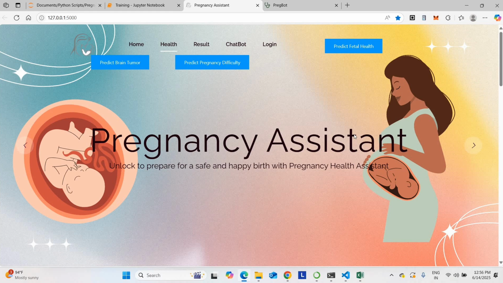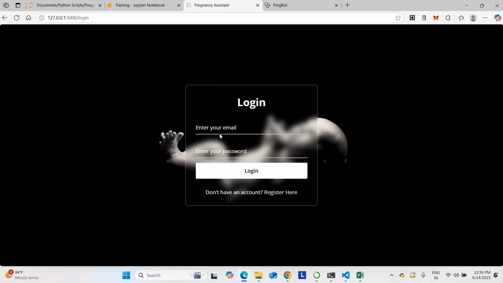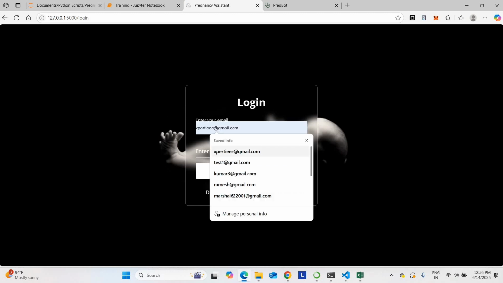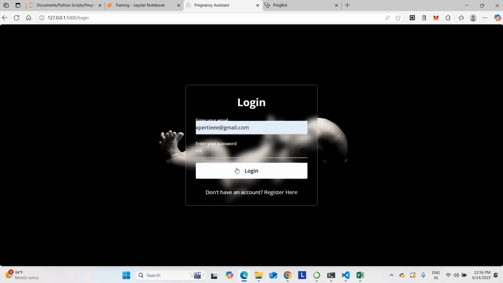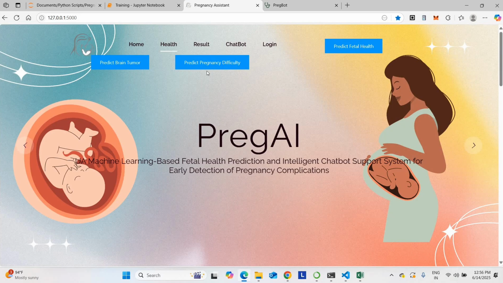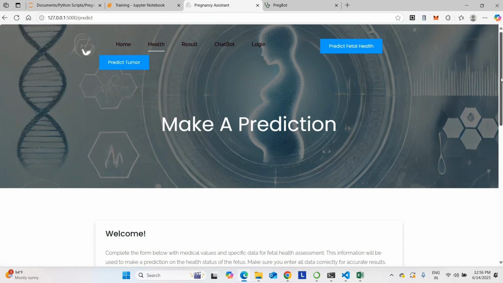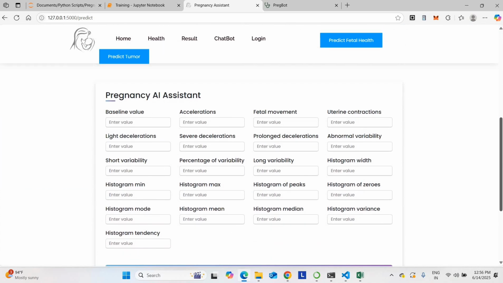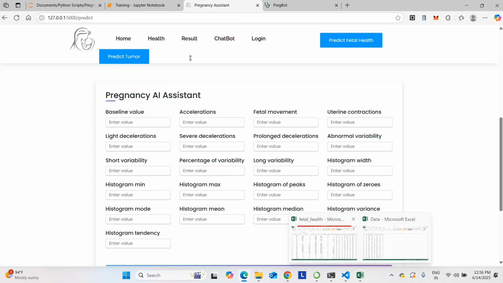I'm moving to the other part. In the other part, I'm going to predict my fetal health. For fetal health, I'm just logging in again. Go to the fetal health prediction. Fetal health means you have to feed the ultrasound test report. You can check the report from here.